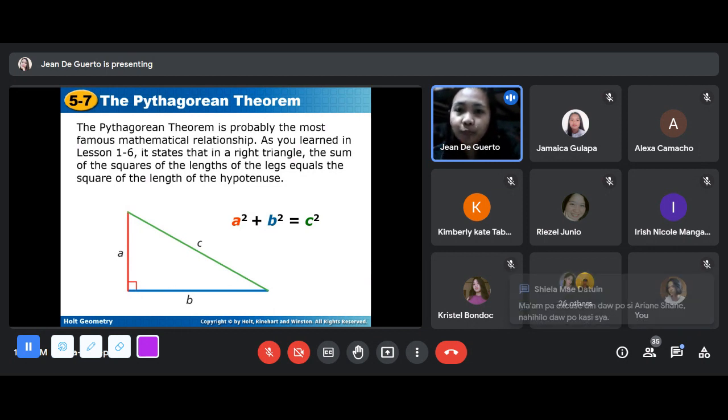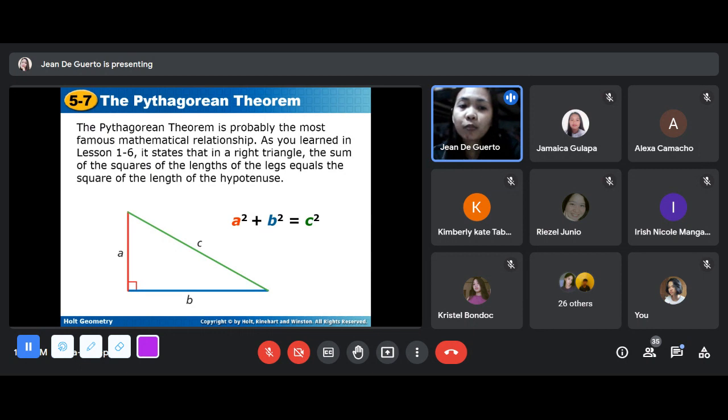And in this figure, your A is the shorter leg, while B is the longer leg. So take note that the legs of your right triangle are the perpendicular sides of the triangle. So yung dalawang perpendicular sides ng triangle are the legs.